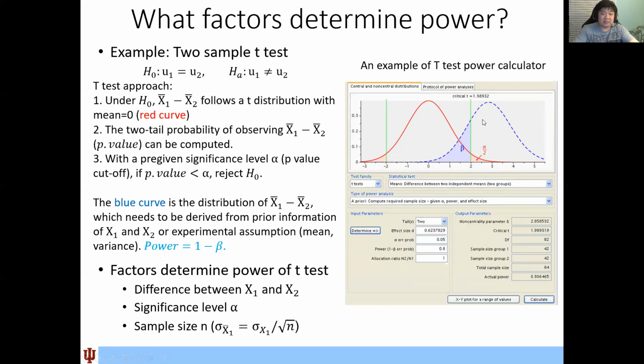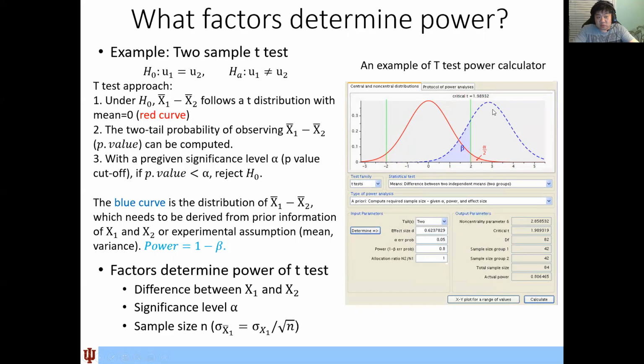So if x1 is more different from x2, based on our prior information or our assumption, this blue curve will be further away from the red curve, so beta will be smaller and we will get higher power.